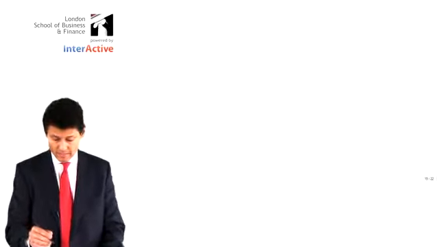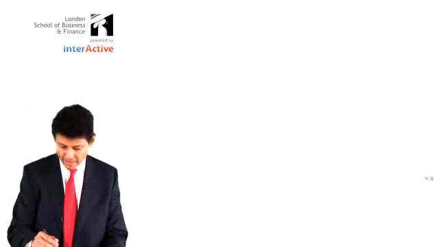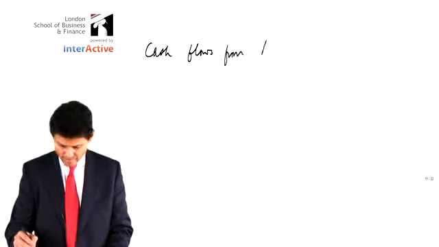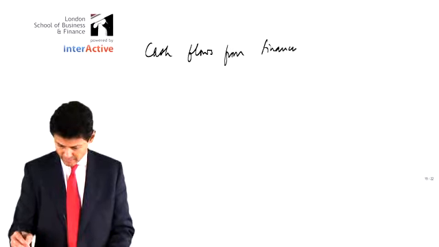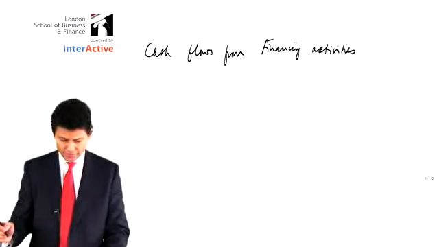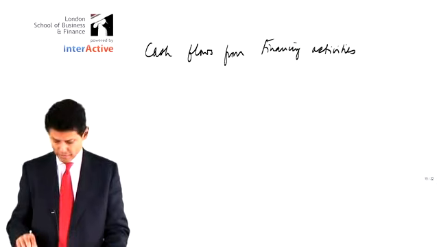as it happens, we've got to bring into play our cash flow from financing finally. Cash flows from financing activities. Clearly we had an issue of shares. Different ways you can approach this, I suppose.